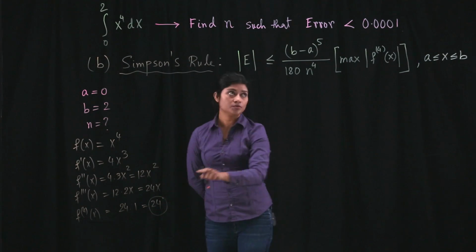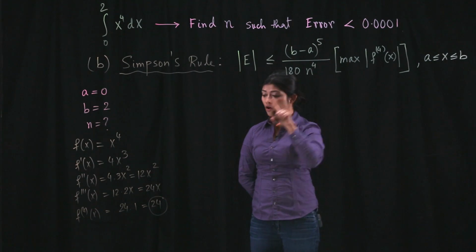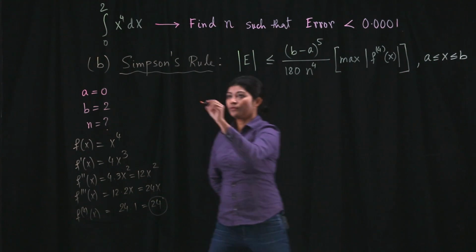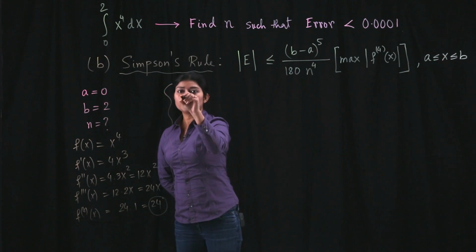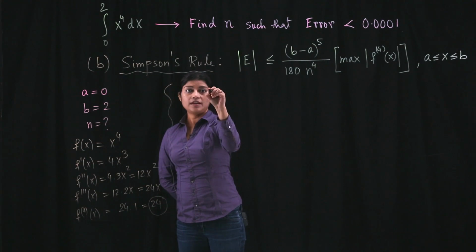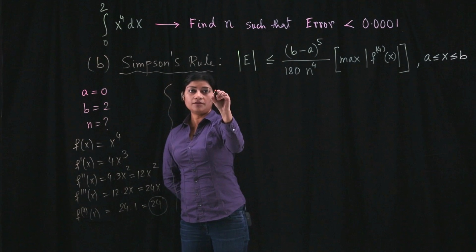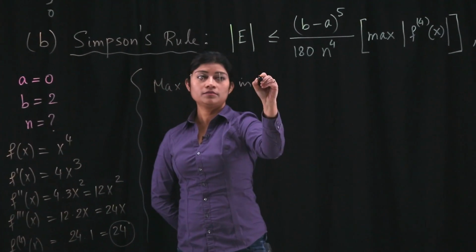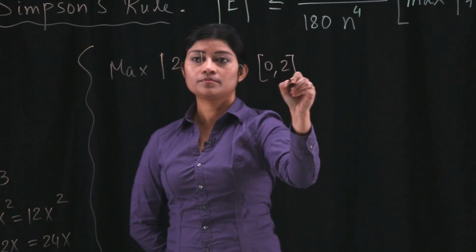And we have to find the maximum of that function inside the interval. So think about it. What is the maximum of the absolute value of the function 24 inside the interval 0, 2?